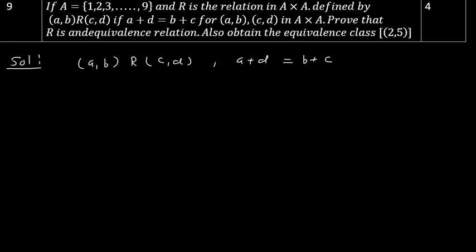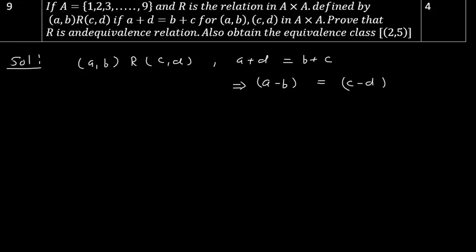Now we can rearrange this condition, a plus d is equal to b plus c, as a minus b is equal to c minus d. So we have a relation between (a, b) and (c, d) such that a minus b is equal to c minus d.